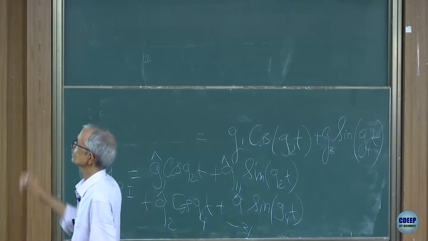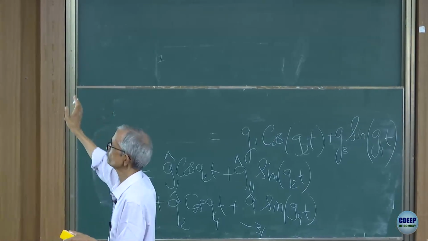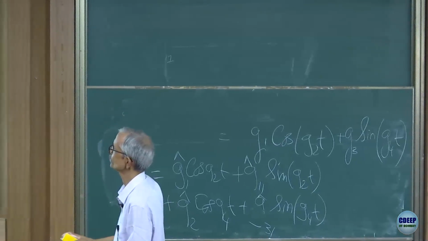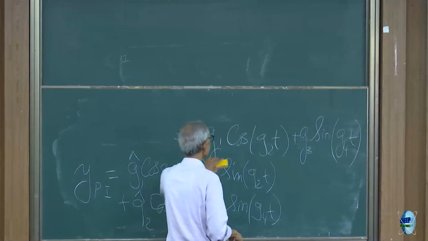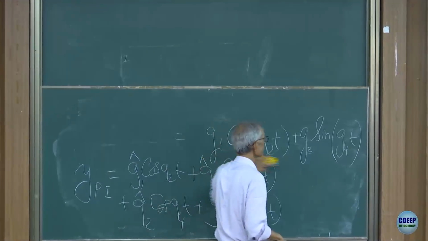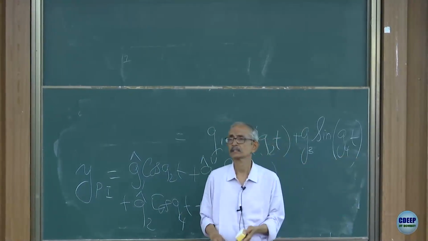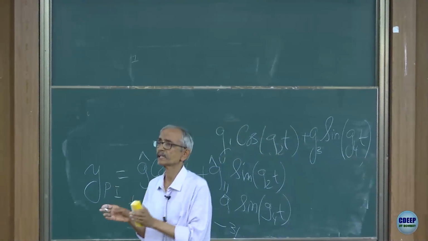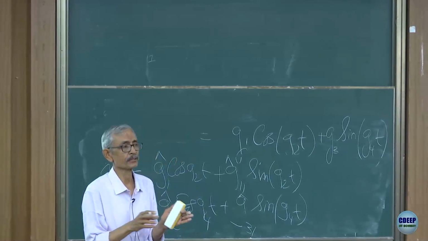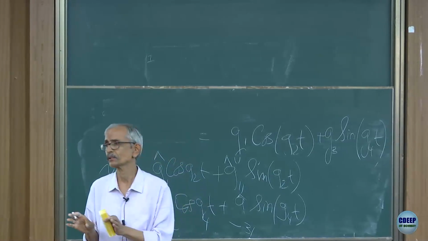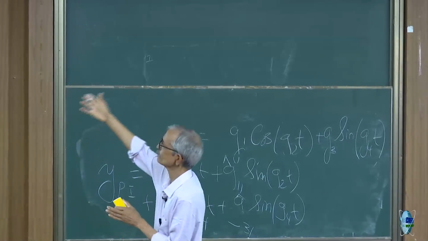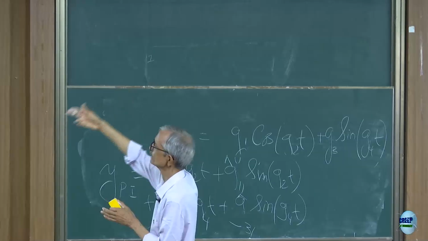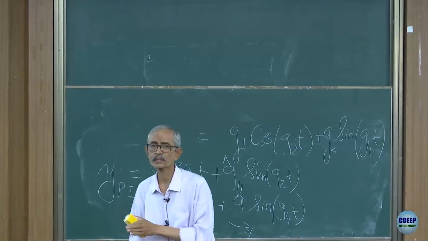Some of them may come out to be 0, that's another issue altogether. If your right hand side has either a cosine or a sine, the particular integral is likely to have both sines and cosines. That's the message coming out from here. And if more than one are there, then you have more than one, and so on and so forth.